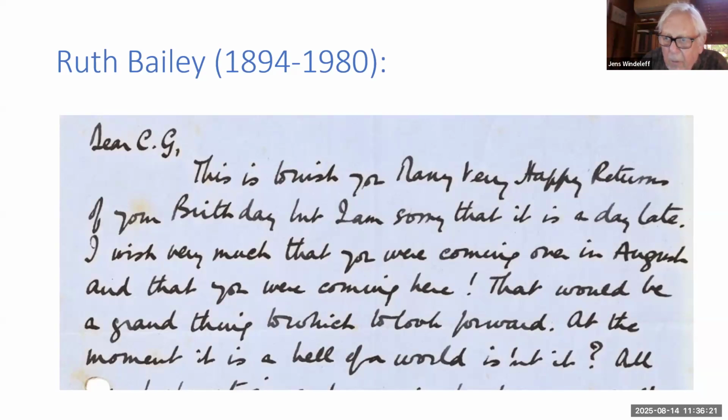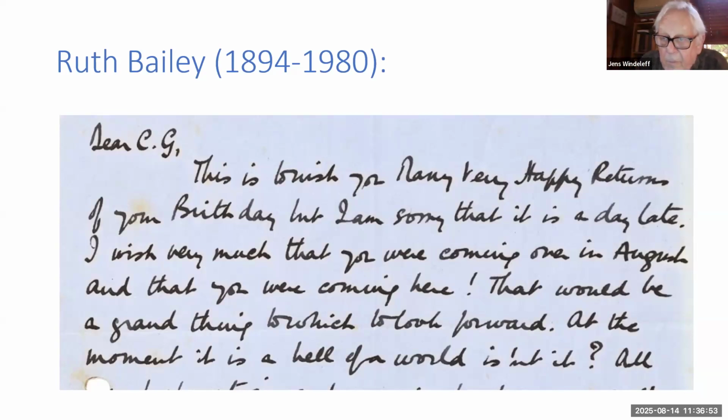She was maybe the only one of all these women who was just a friend. All the others were mistresses and women and housewives and I don't know what. But she was the good friend who promised Jung to look after him when he was old, or look after Emma Jung if Jung died first.